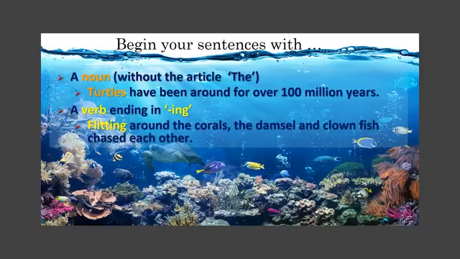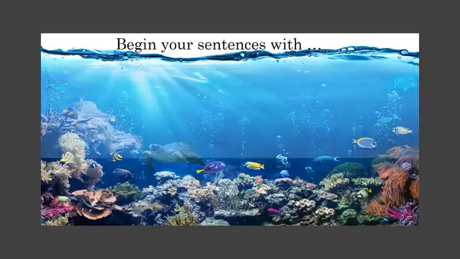Done? Excellent. Now let's see the other two kinds. The next way we can begin a sentence is by adjectives. When you look at this scene in front of you, you can think of a lot of words to describe this, right? What catches my attention most here is the colors.